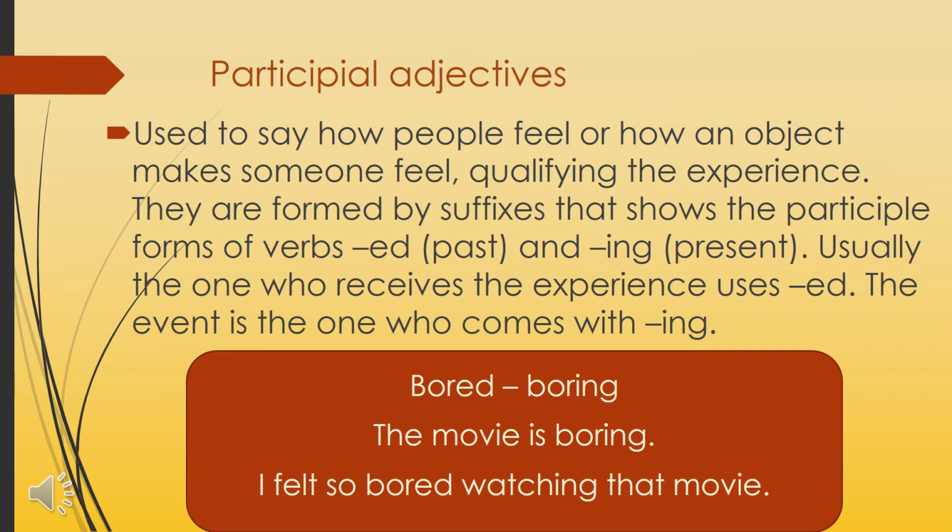Participial adjectives are used to say how people feel or how an object makes someone feel, qualifying the experience. They are formed by suffixes that show the participle forms of the verbs, like ed or ing.